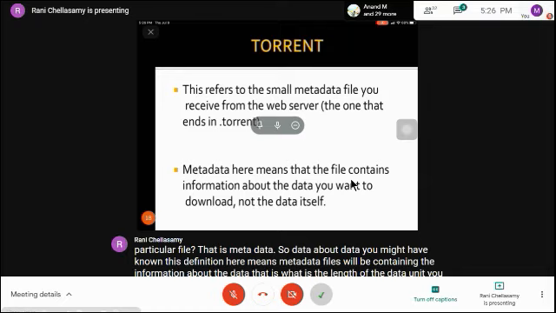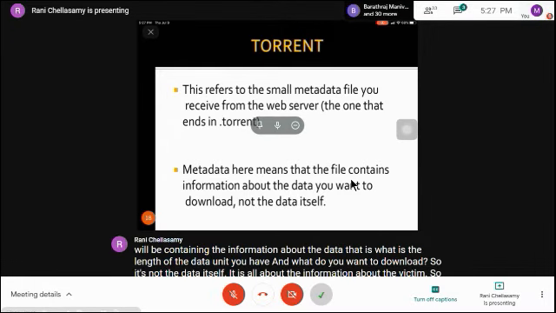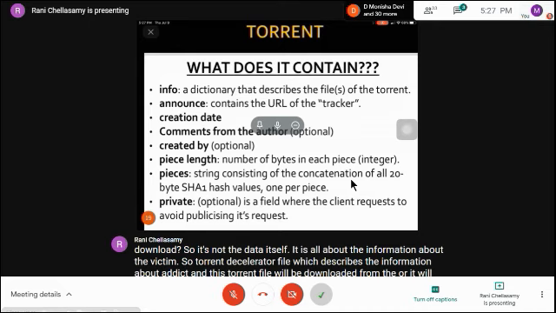So a torrent is a metadata file which describes the information about the data, and this torrent file will be received from the web server in the form of a .torrent extension. Okay, so what does this torrent file contain? What information is contained in this torrent file?